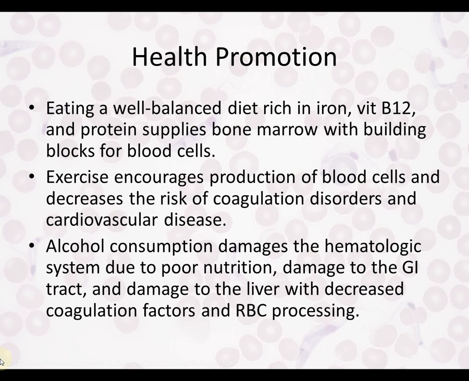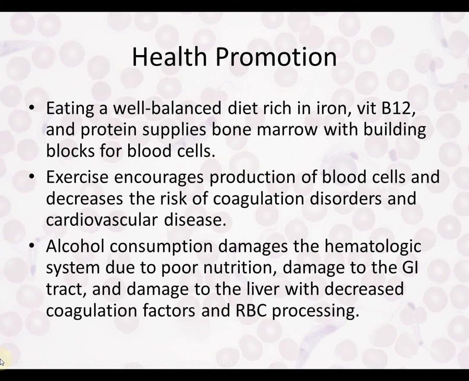Now let's talk about health promotion. Eating a well-balanced diet rich in iron, vitamin B12, and protein supplies bone marrow with the building blocks for blood cells. Individuals can do a great deal to maximize and optimize the health of their hematologic system.